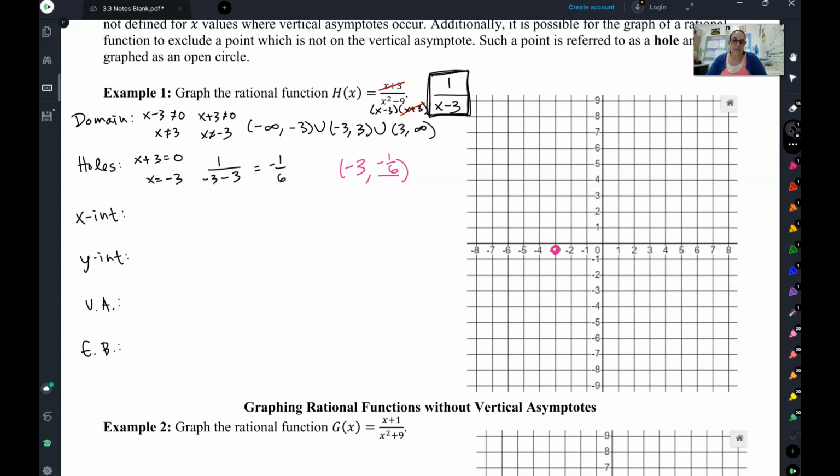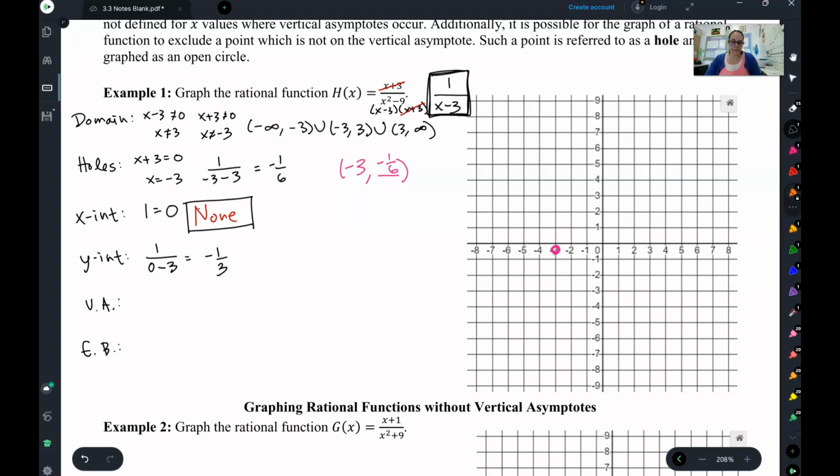So if I look at this simplified equation, that's what I'm going to use now. First off, x-intercepts, look at the numerator, set that numerator equal to 0. This one doesn't make any sense, so we know there are no x-intercepts, or DNE. Y-intercept, I plug 0 in for x, which gives me -1/3. Write that as 0, comma, the number, and graph it as a closed circle on the y-axis. There's my y-intercept.